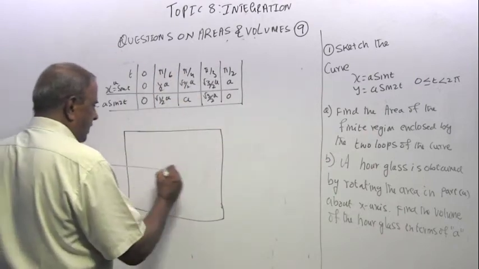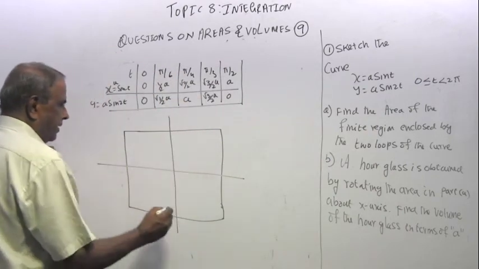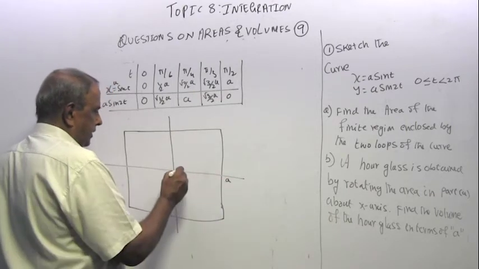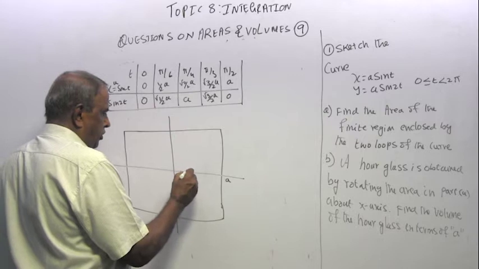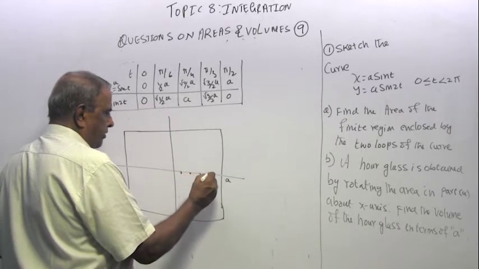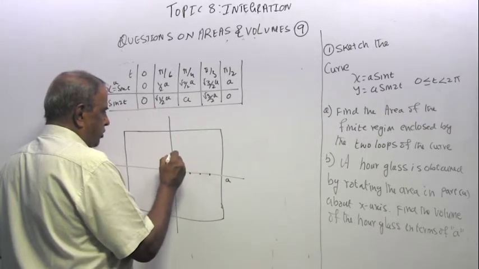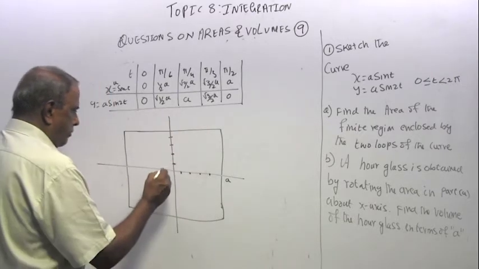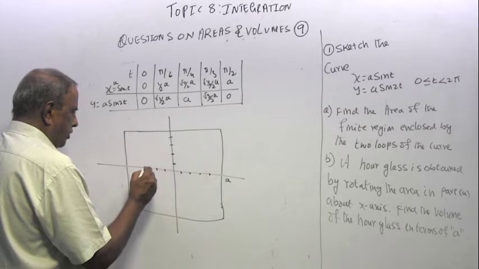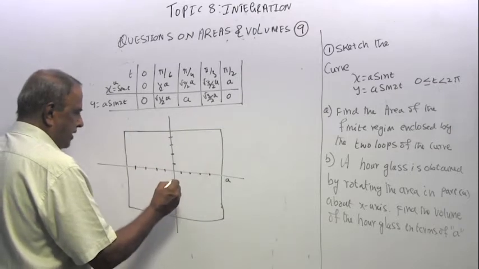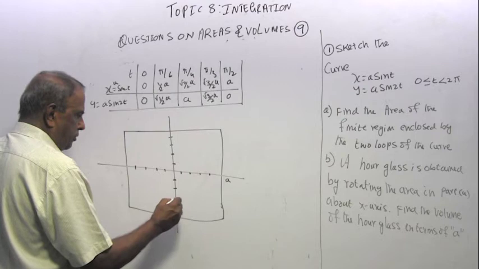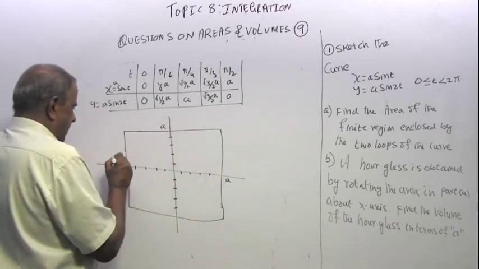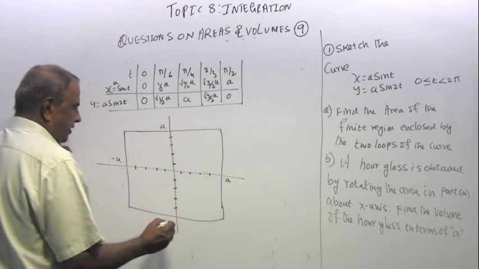So therefore I am restricting it there. Let's say this is a, and then this is 0.2, 0.4, 0.6, 0.8, and so on. Roughly, it doesn't matter. That's a, that's minus a.